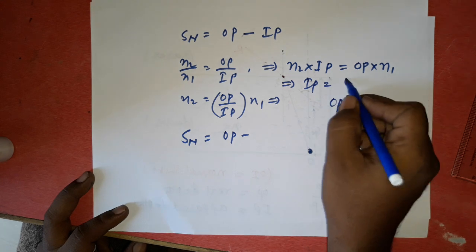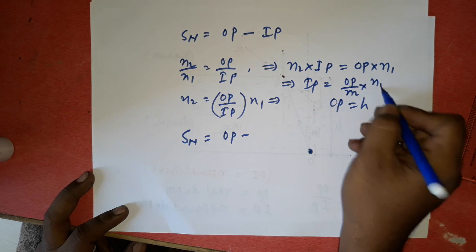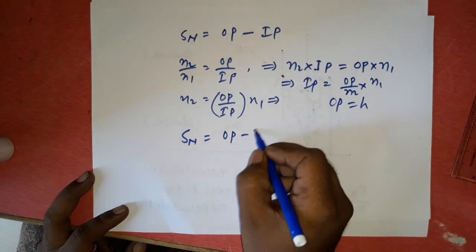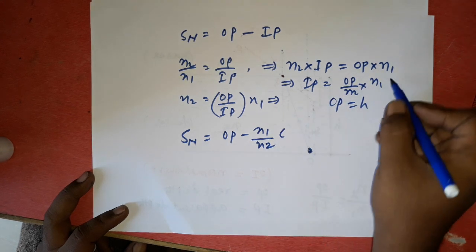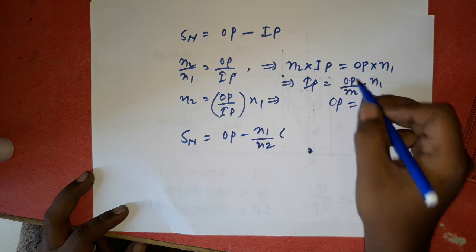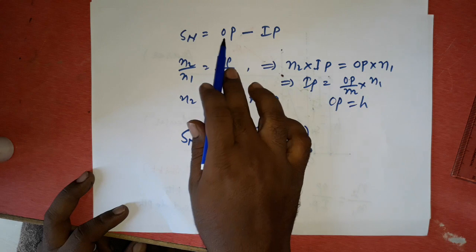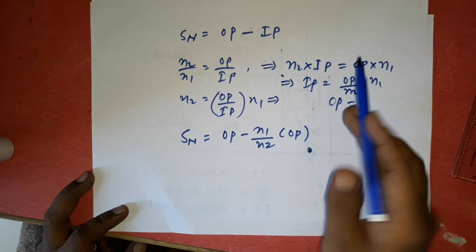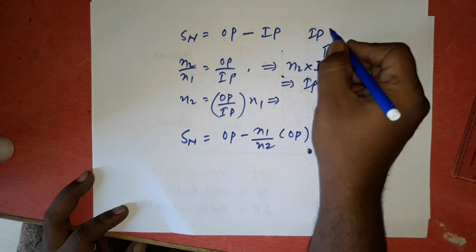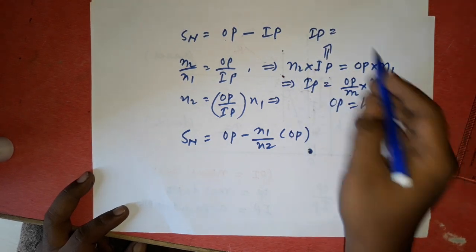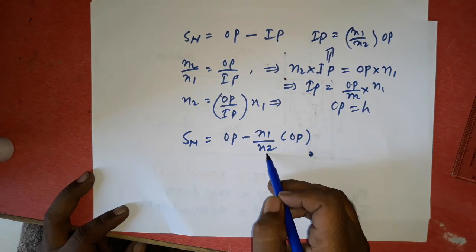IP is equal to OP by N2 into N1. So IP is equal to N1 by N2 into OP. Same thing I have written here.